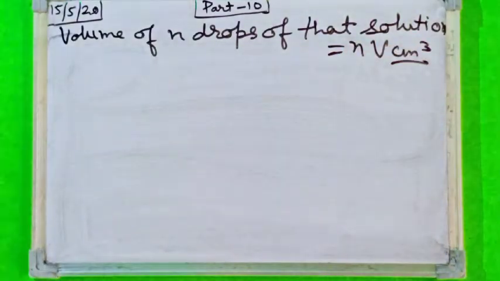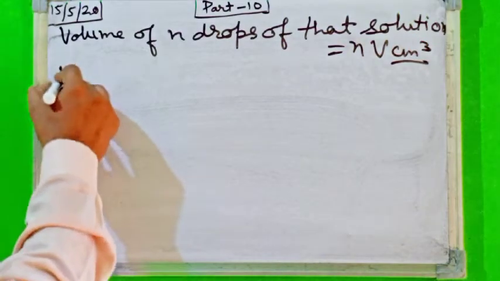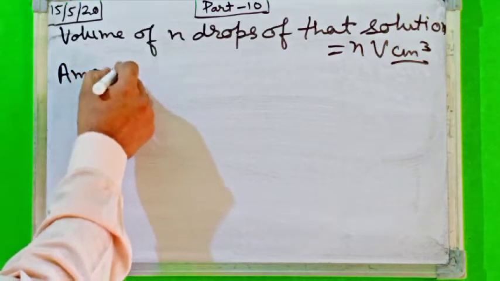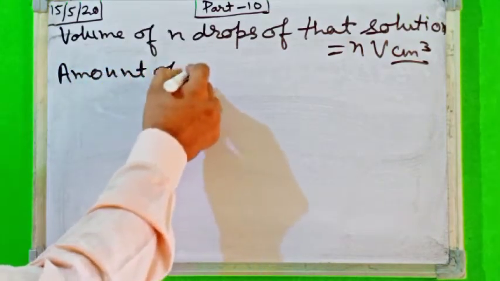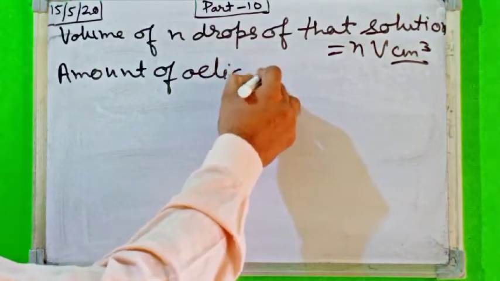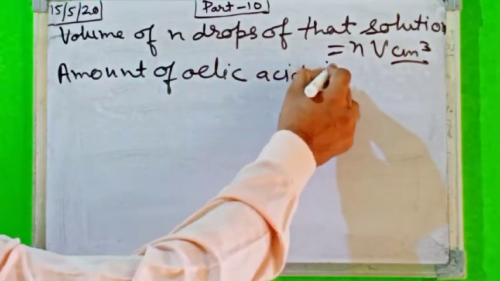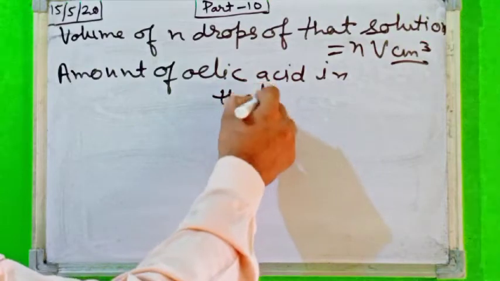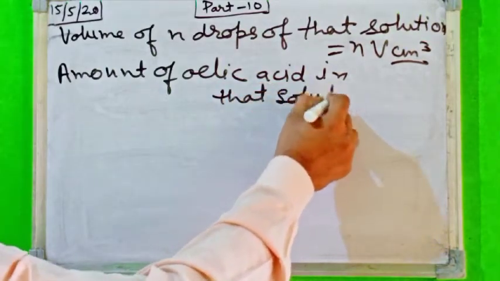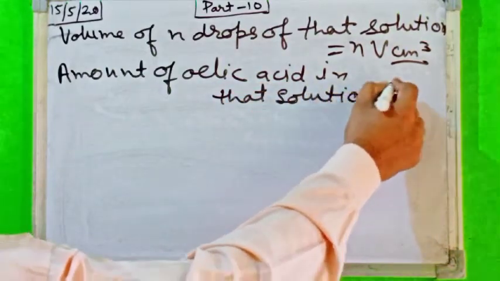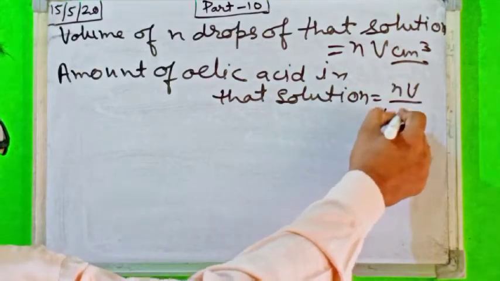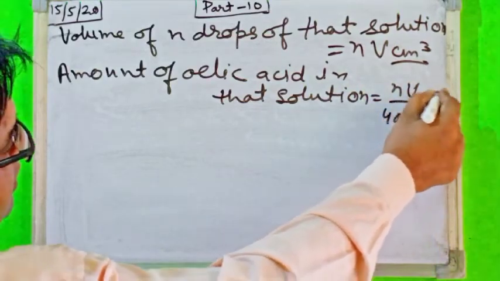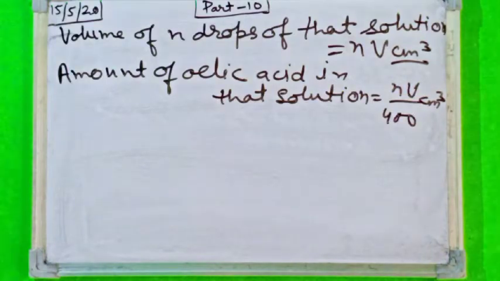The amount of oleic acid in that solution is equal to nV upon 400 centimeter cube.